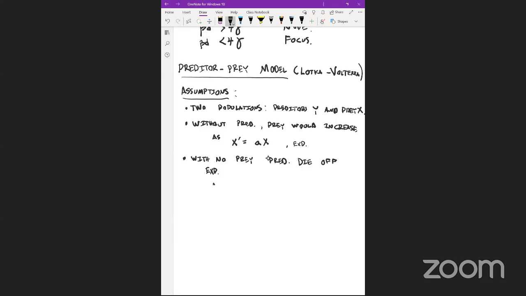So y prime equals minus b y. So say the prey birth rate is higher than the death rate, whereas for the predators, without prey, the death rate is greater than the birth rate.